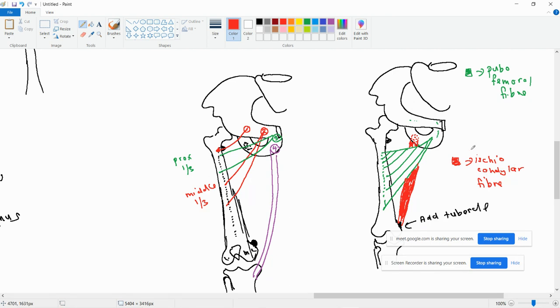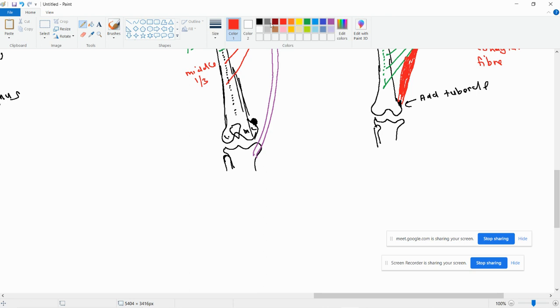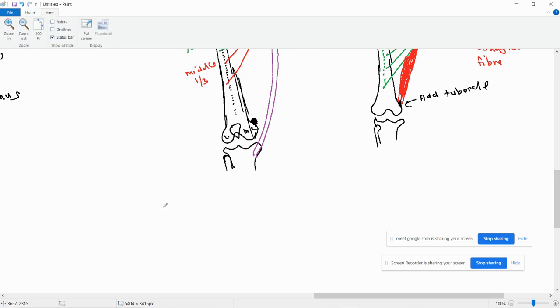Okay, so now we can sum up everything over here. Please listen carefully, class. When we talk about adductor magnus, it has two fibers, two parts. The first part we call the pubofemoral part.